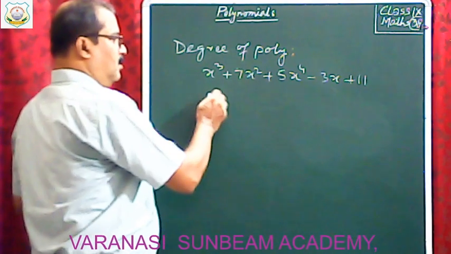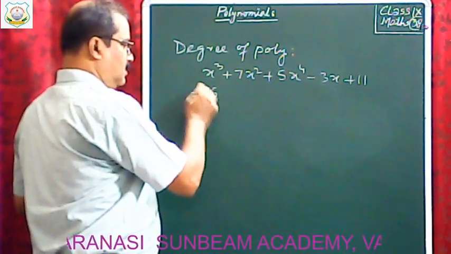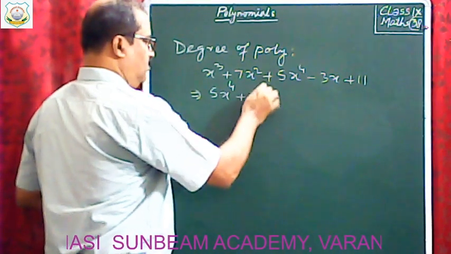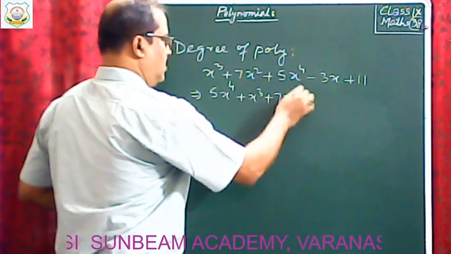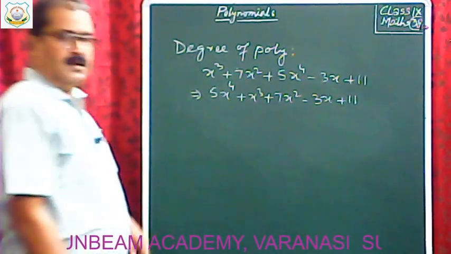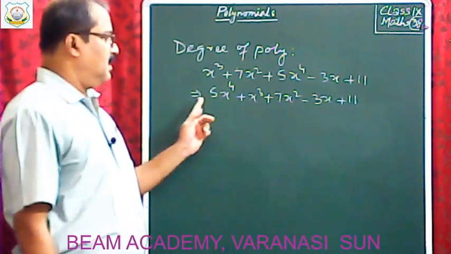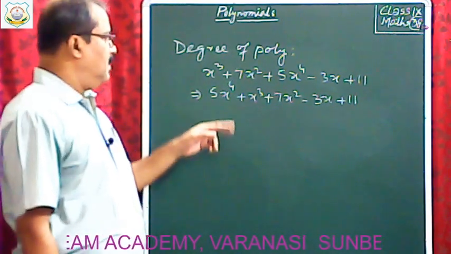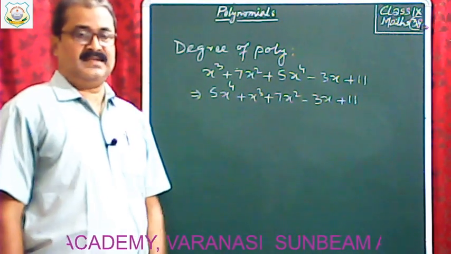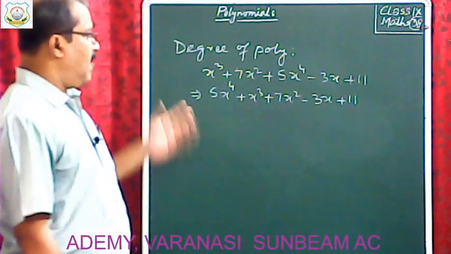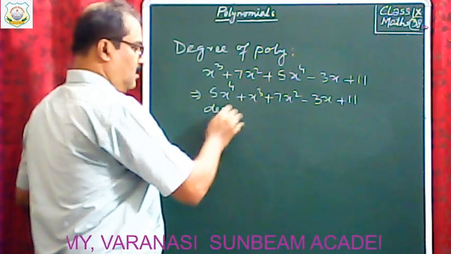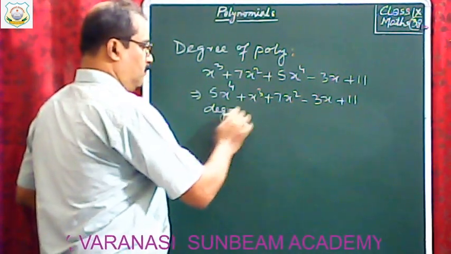Standard form, we have to write the polynomial in this way: 5x to the power 4 plus x cube plus 7x square minus 3x plus 11. So arrange the given polynomial according to the descending order of power, known as standard form, isn't it? So highest power is what? 4. So degree 4.